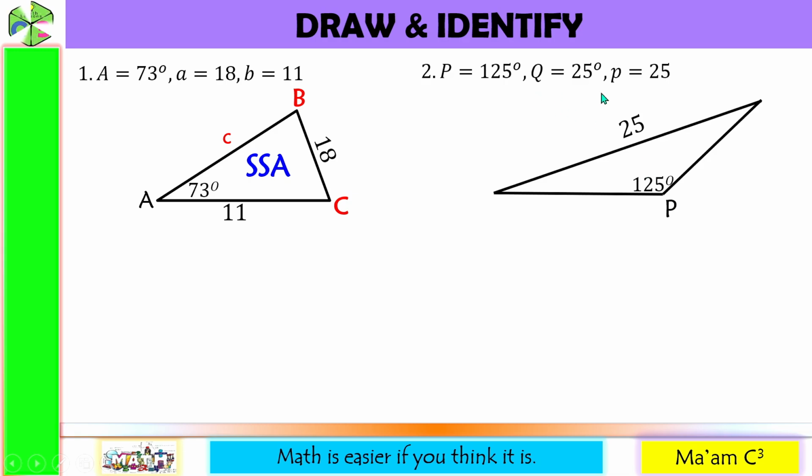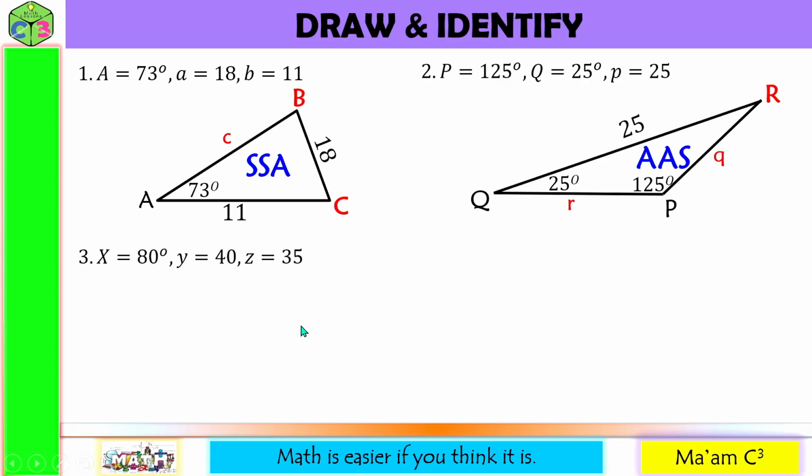I have here another angle, 25 degrees. Let me put it here. I'll label this as angle Q. So if this is angle Q, the side opposite is side q. And then let me label this vertex as R, while this side is side r. So this is angle, angle, side, AAS.